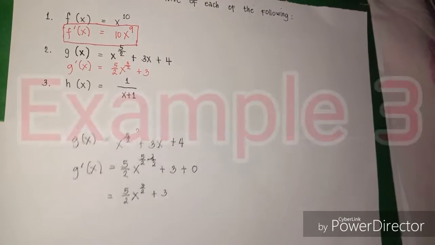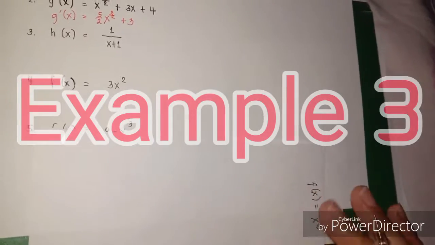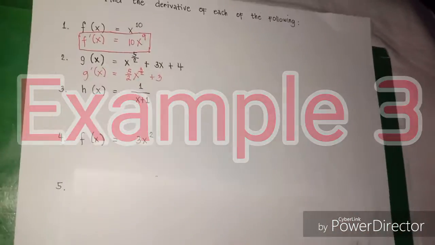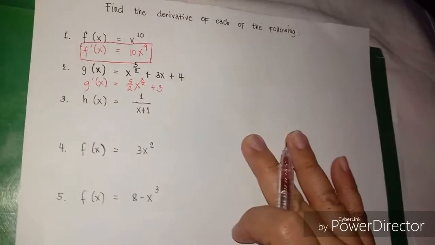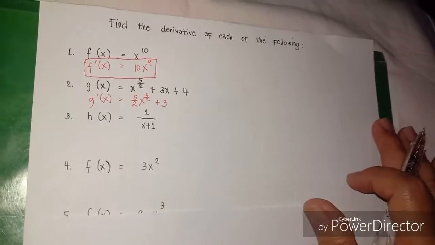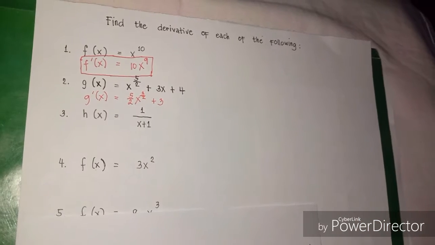Okay, for number 3, the given function is h of x is equal to 1 over x plus 1.